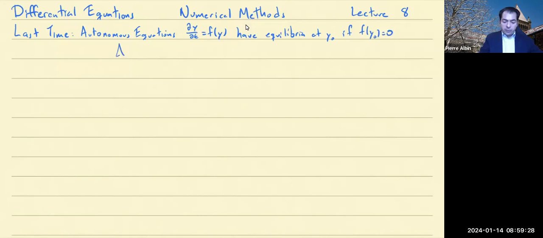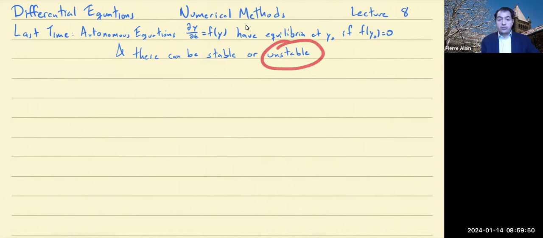And we spent most of the class talking about how these equilibria can be stable or unstable. Stable equilibria are when nearby solutions get closer and closer to the equilibrium, and unstable is when nearby solutions get further and further away.